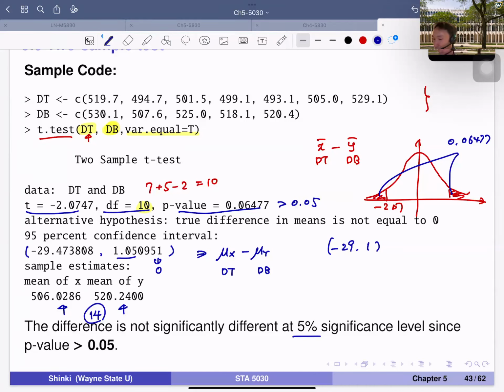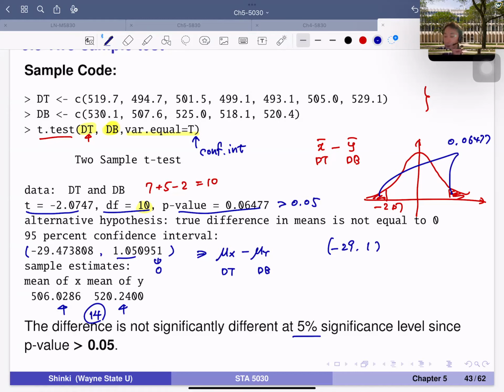Yes, the confidence interval, why 95%? Actually, we have an option. I think probably it is the confidence level. Maybe we can check it in R. Help t.test.